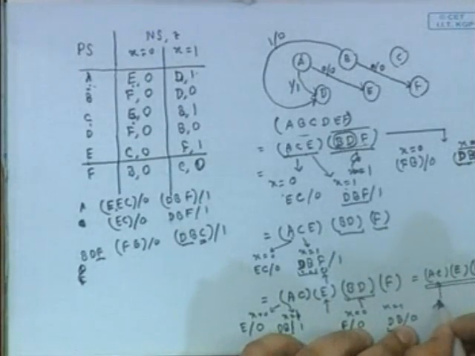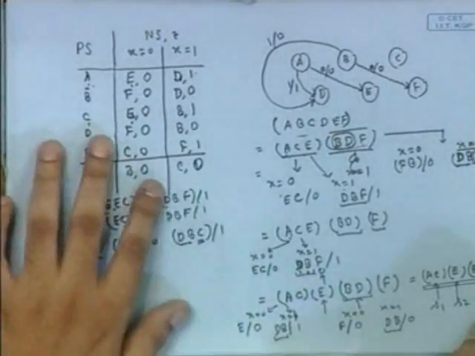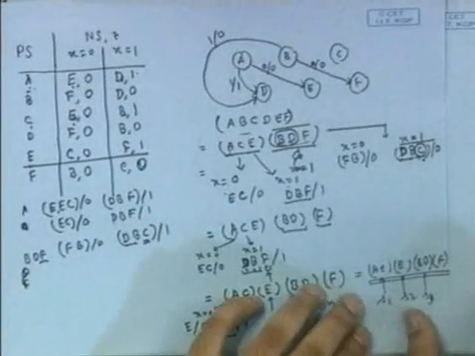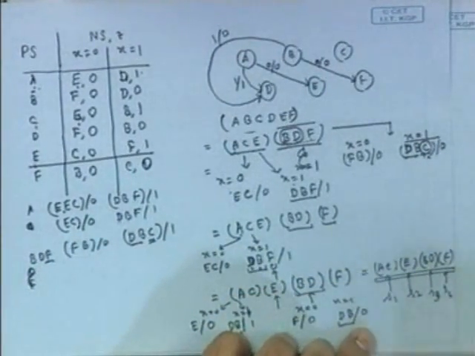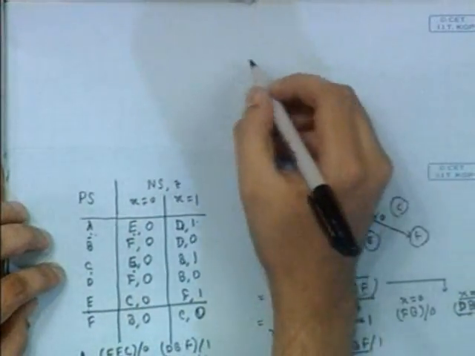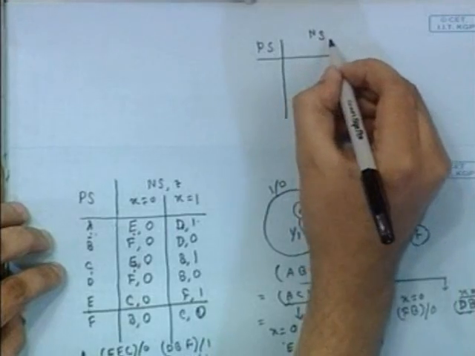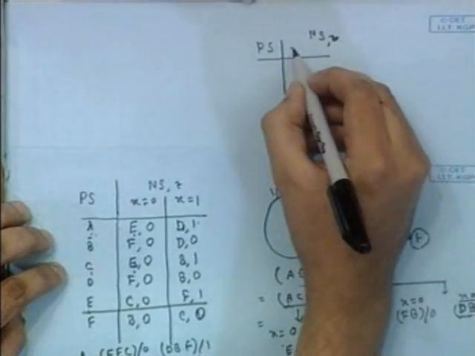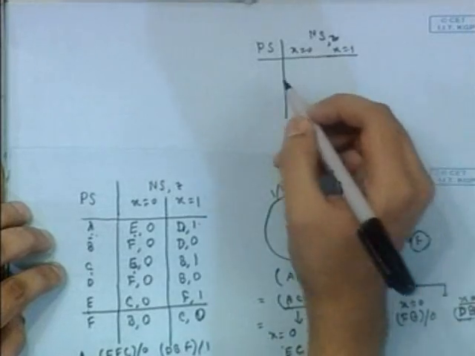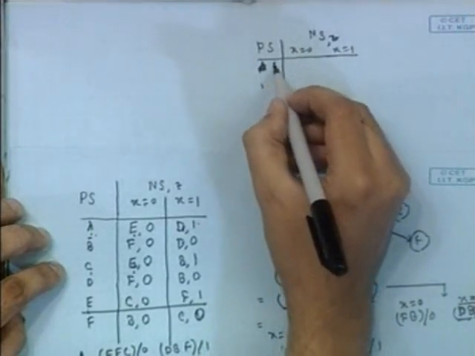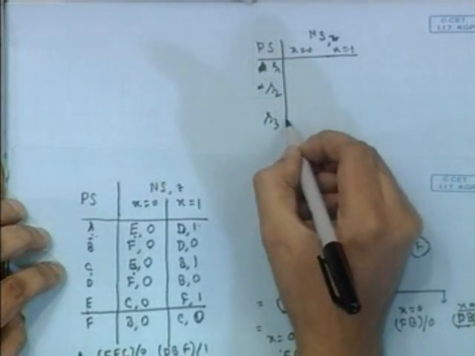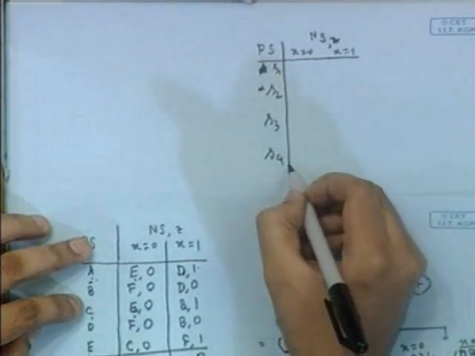Suppose you name them, suppose this is S1, this is S2, this is S3. Can you see the last one? And this is S4, and from here you will get the state transition table as present state, next state and output, S1, S2, S3 and S4.